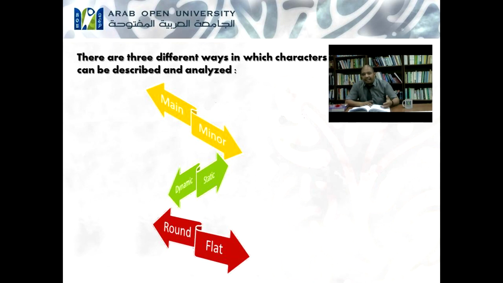When I say main character, main is in terms of importance, like we're going to see. So you have main and minor, dynamic and static, and round and flat characters. We're going to talk about each and every one of them.